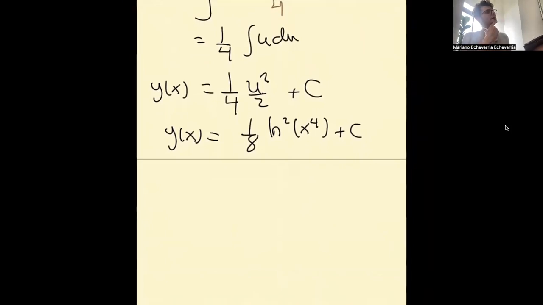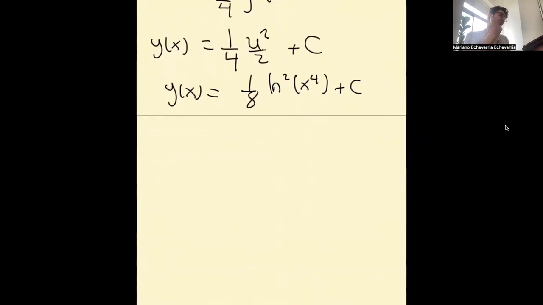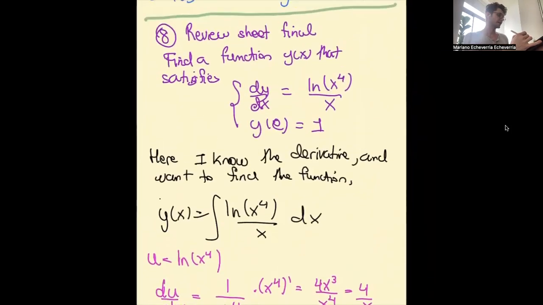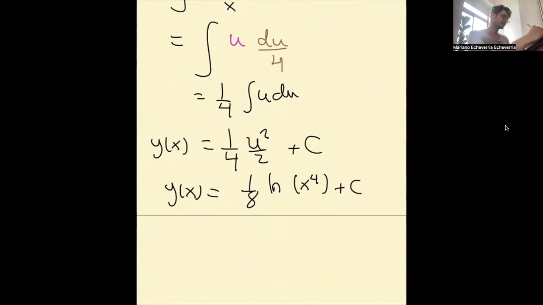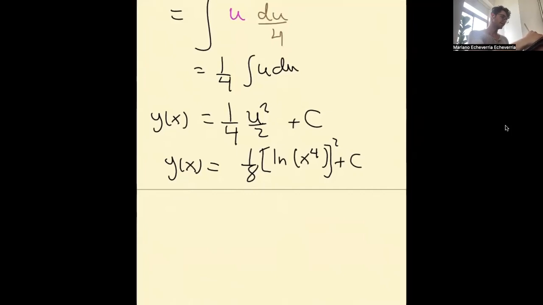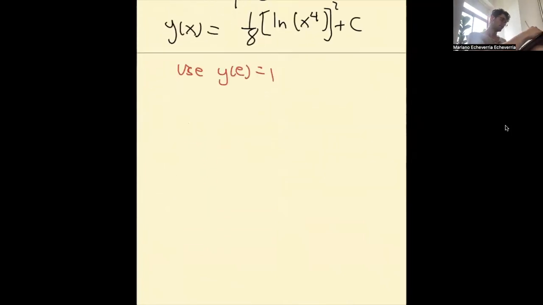Now you have to get rid of the constant, and to get rid of the constant, you use the other information that y of e equals 1. So let me write this in a better way here. So now I want to use that y of e equals 1. So that means that 1 should be what I get if I plug in e here.